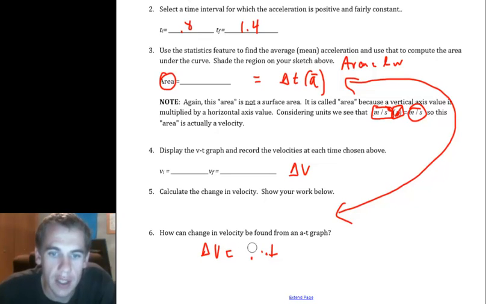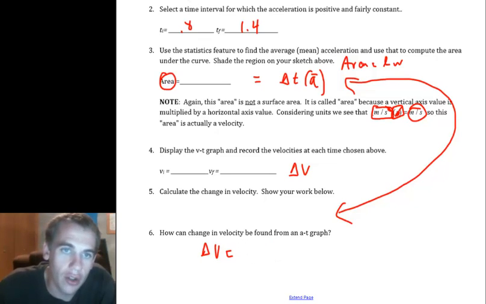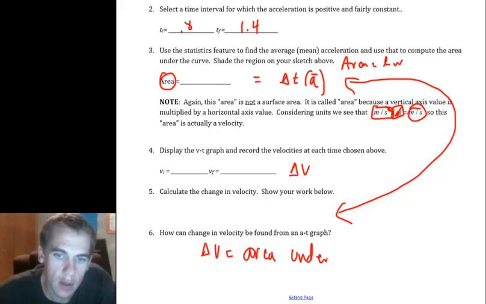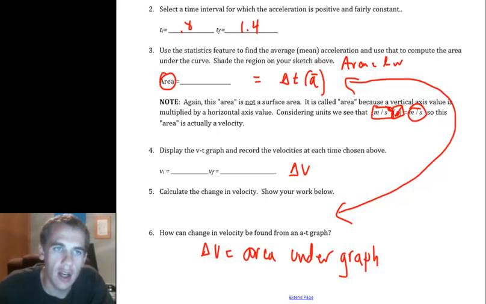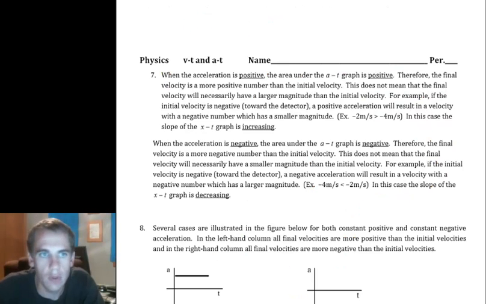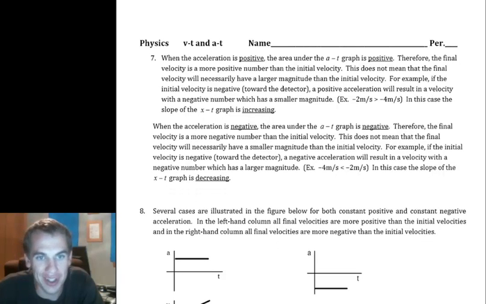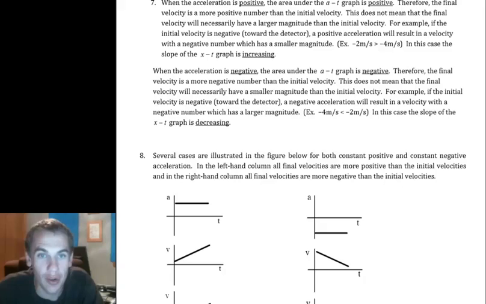Delta V equals the area under an AT graph. Okay, so hopefully that was not too bad. Hopefully you had some pretty good results for that. If not, you can either try again or we can talk one day and hopefully clear that up.